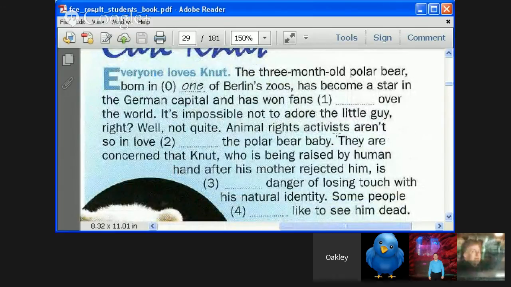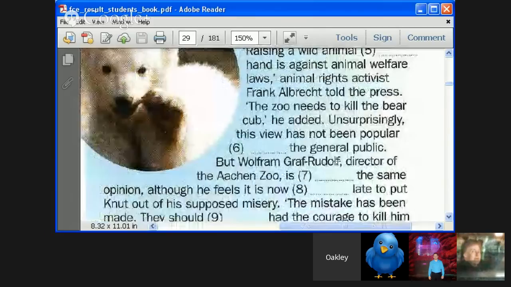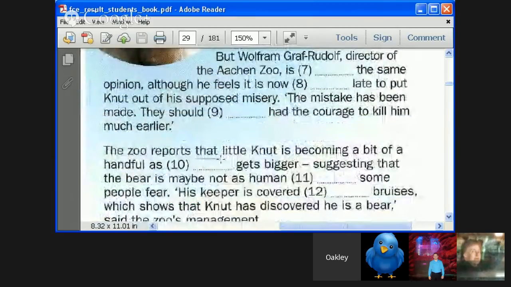Where is it? His mother rejected him. There you go. His mother, possessive pronoun, rejected him, object pronoun. They've already set the precedent of referring to him as "he." So your first answer is definitely correct. It's easy enough to check.